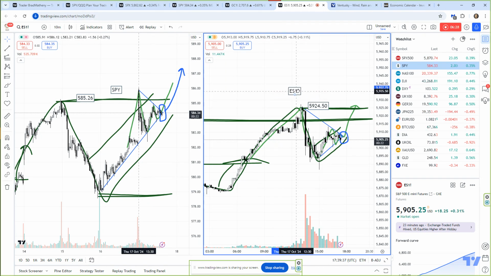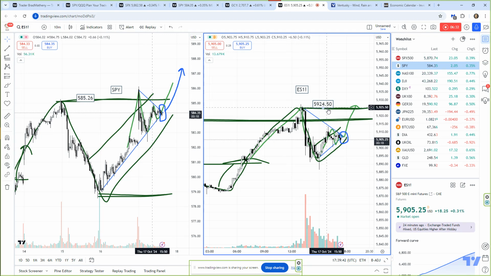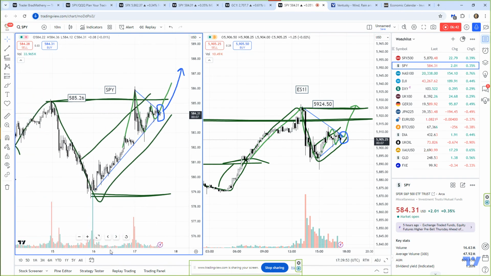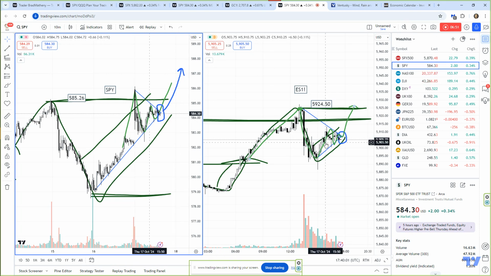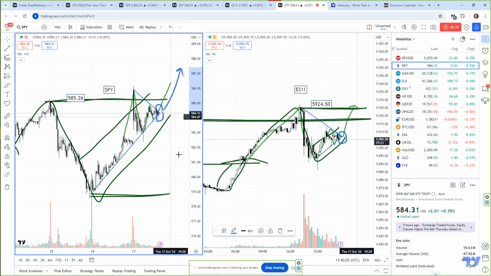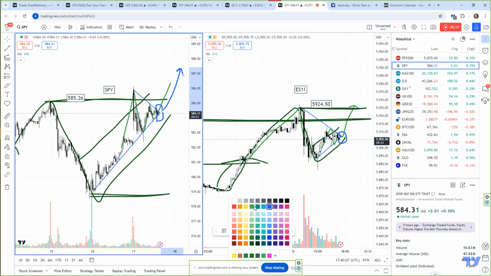It's almost critical that the SPY get above that area on a big solid breakout to the upside. So we're looking at this 585.26 level here, and it looks like we're going to probably get a nice solid squeeze to the upside. Again, same thing here.